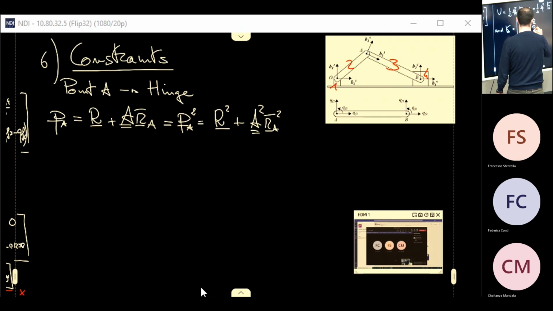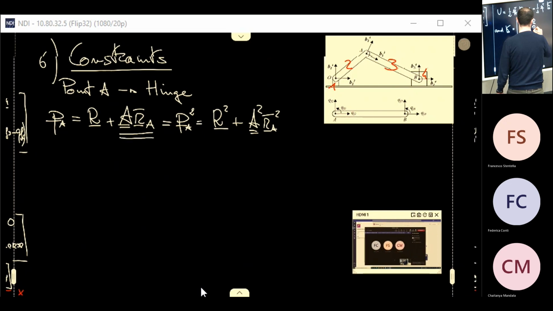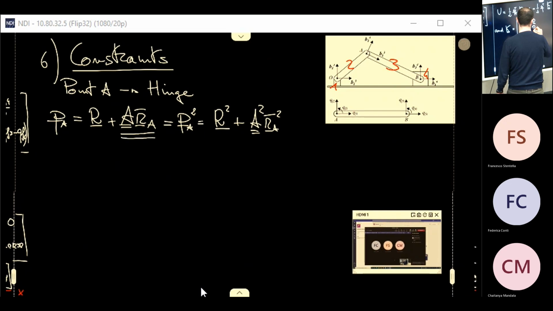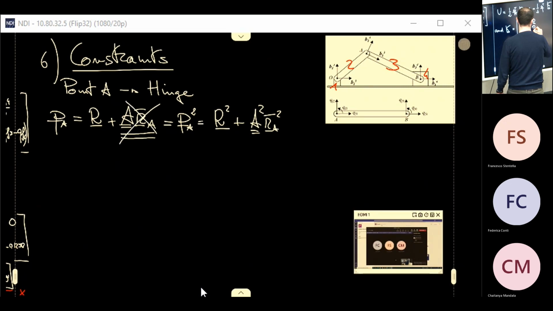Okay. But what is the quantity here? So what is the position of point A in the local frame of body 3? Well, as you see, the local frame in body 3 is exactly located at point A, so this is 0. Right?